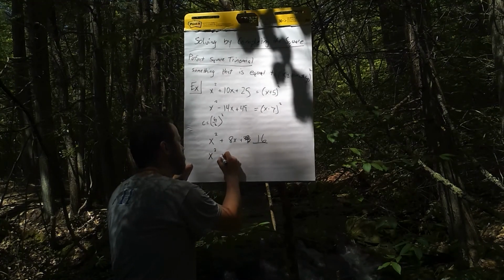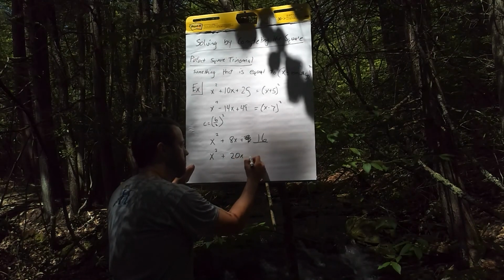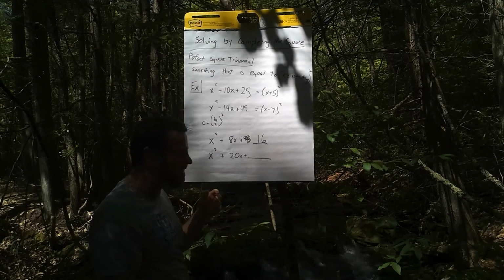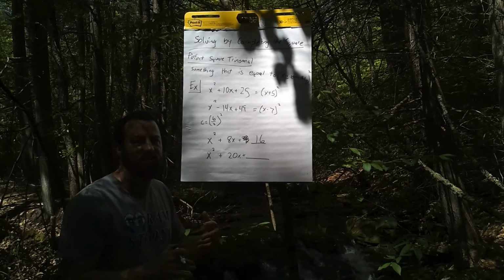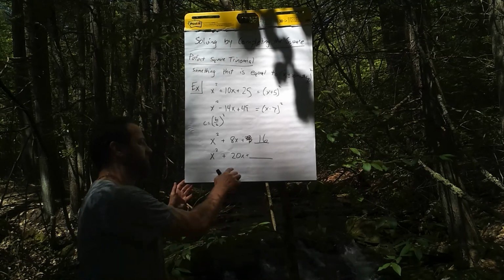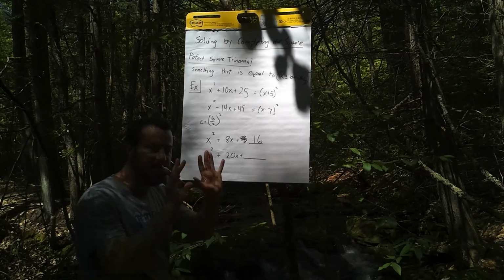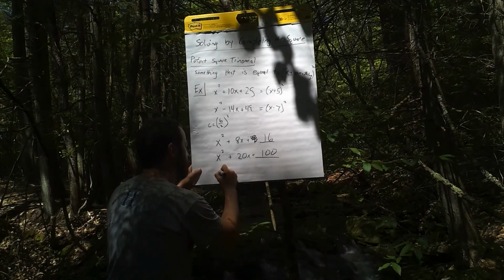Let's try another one. C is always positive because you're squaring something. You square a positive, it's positive. You square a negative, it's positive. All right, let's try this. Half of 20 is 10. Squared is 100.